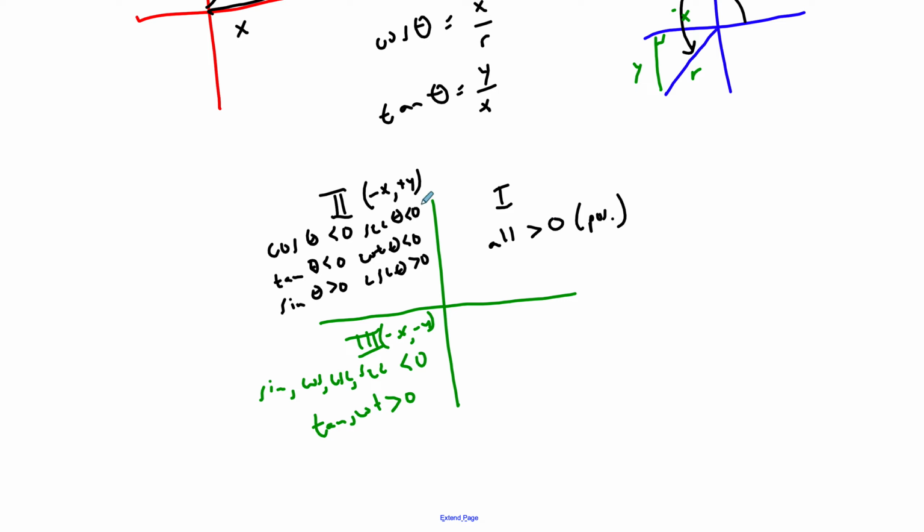And of course, then quadrant 4, we discover that, or hopefully we know that, positive x and a negative y would mean that the cosine and of course then the secant are going to be greater than 0, but the sine, cosecant, tangent, and cotangent are all going to be less than 0. If you think about it, it makes a lot of sense. Okay? You don't have to memorize it per se. You can kind of figure it out.